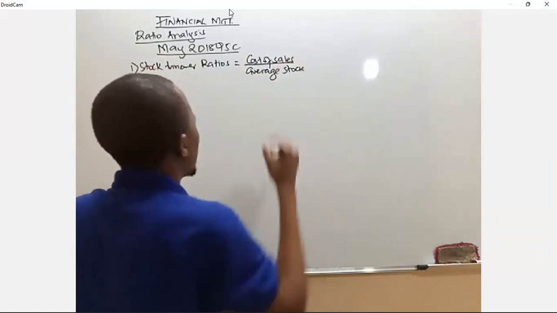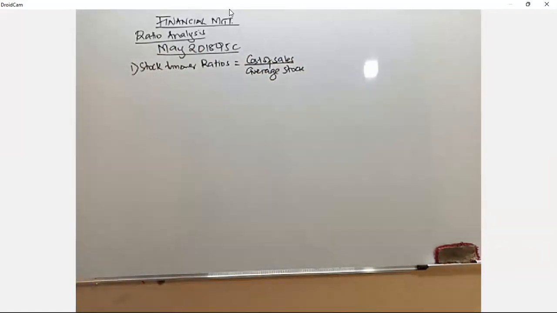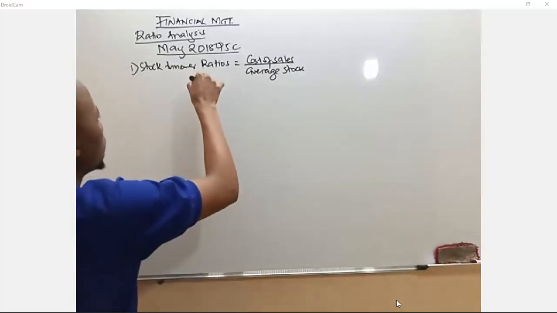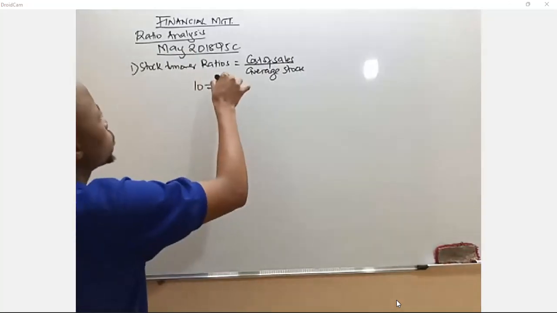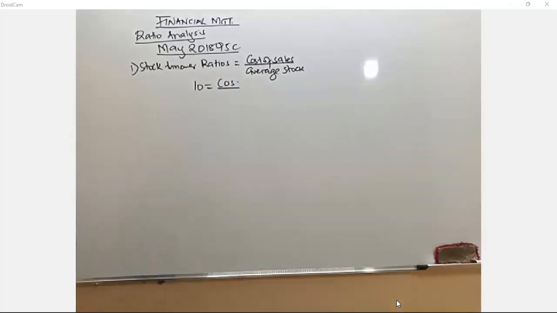In this case, the examiner has given me the stock turnover ratio of 10 times. So 10 is equal to the cost of sales over the average stock. I don't know the cost of sales, but I have to find the average stock. How can I get the average stock?